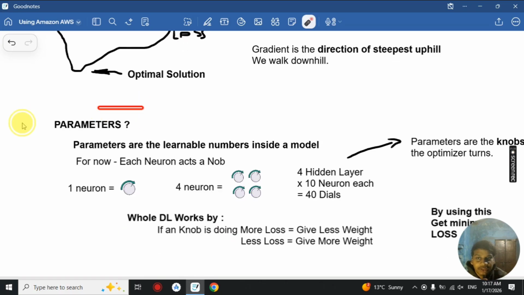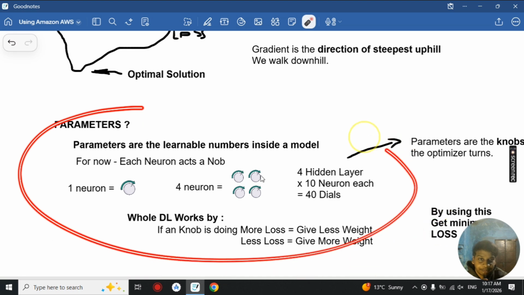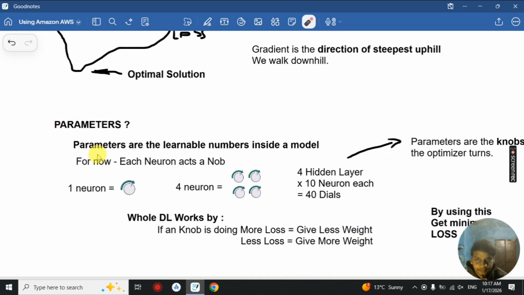Now what are parameters? We could define parameters as the learnable numbers inside a model. For now, just keep in mind that each neuron in our model is a parameter. One neuron works as a dial, a knob that we could turn on and off with our weight.